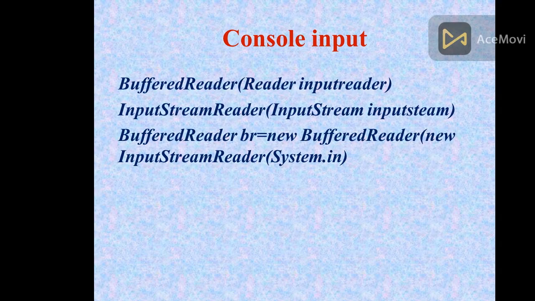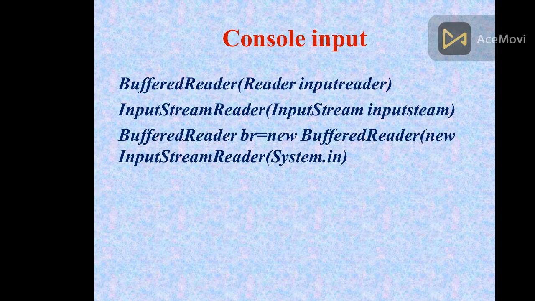The basic syntax for getting input from the external input device and converting that input into a character stream is BufferedReader and an object name. Here I used br. BufferedReader br is equal to new BufferedReader, and within the parentheses, new InputStreamReader(System.in).